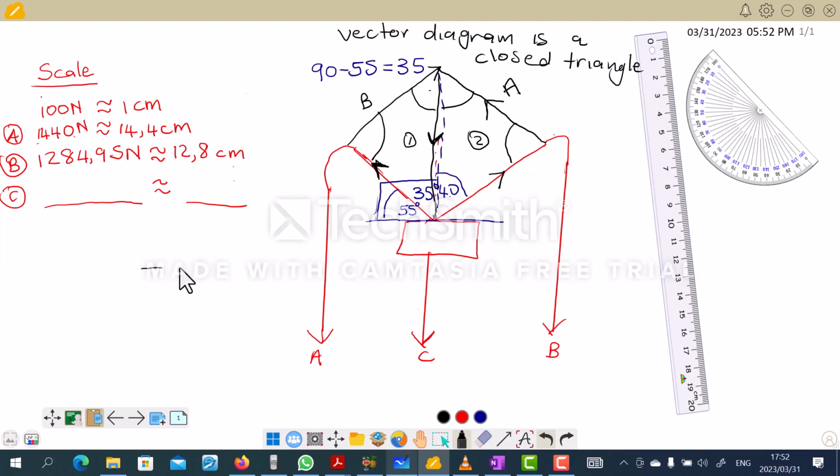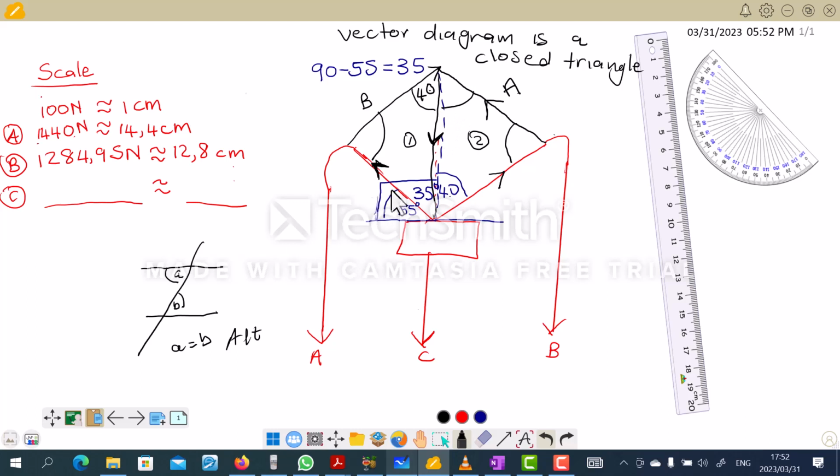In mathematics, when you have two parallel lines and a transverse line cutting these two lines, we say this angle and that angle are equal. So if this is a line, and this is a line, and there's a transverse line cutting through, then angle 40 is alternate to that angle. So that is also 40.